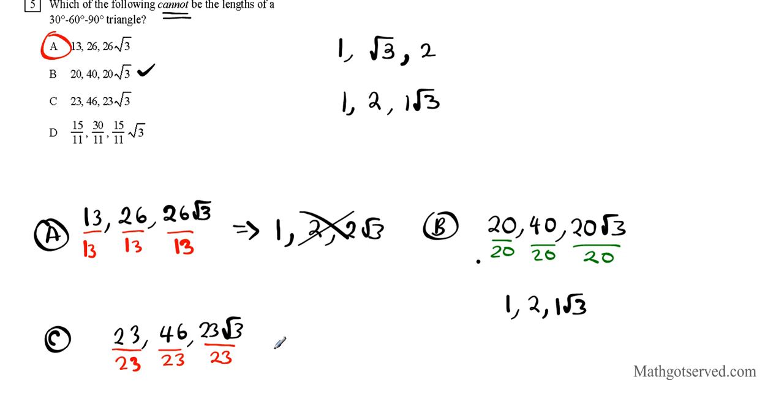And then we have 23 over 23 is 1, 46 over 23 is 2, and 23 root 3 over 23 is just root 3. You see it matches that, so C is good also. And then for option D, you just multiply everything by 11 over 15, and you end up with the same ratio as this. So the answer is option A because it doesn't work.